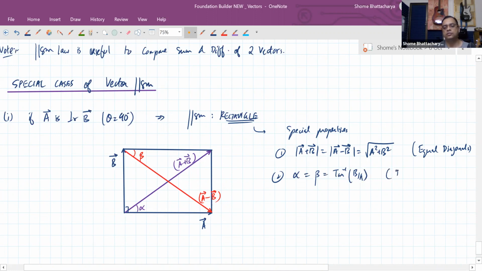So the diagonals make the same angles with respect to the sides.